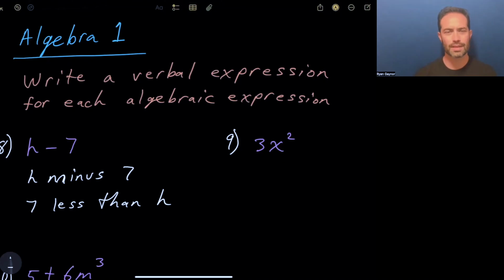Okay, so that second option is a little more tricky, right? Why is it 7 less than h? Because the most common mistake I see in my tutoring business is that when students look at this, they go, okay, 7 less than h, that means 7 minus h. But actually it doesn't. So if you think about it for a moment, let's say I, Ryan, have $10, and then you, as the student, have $5.